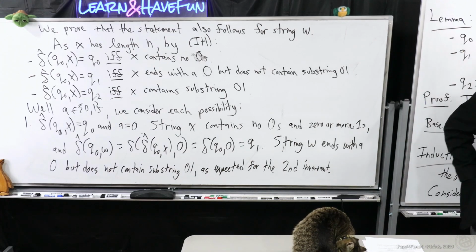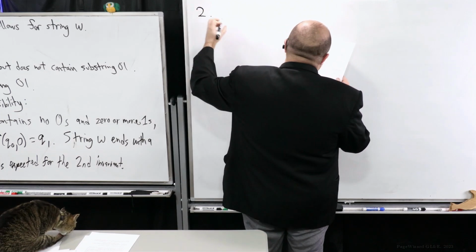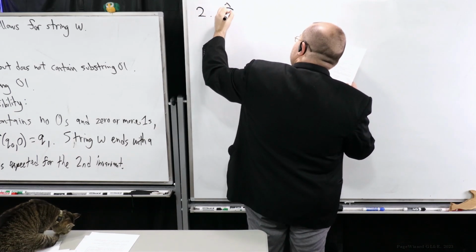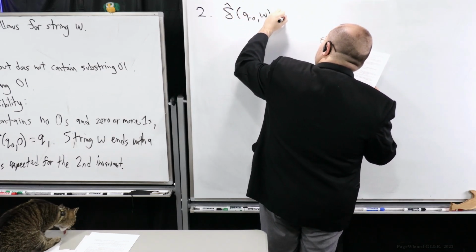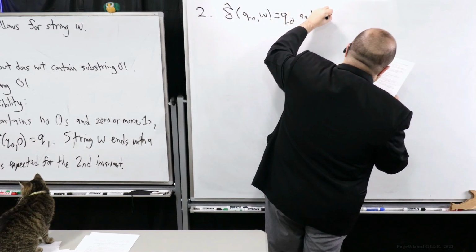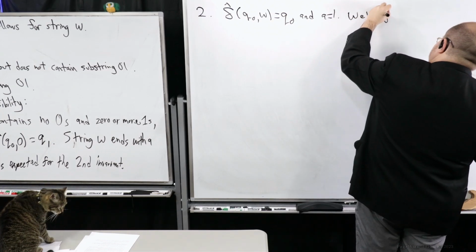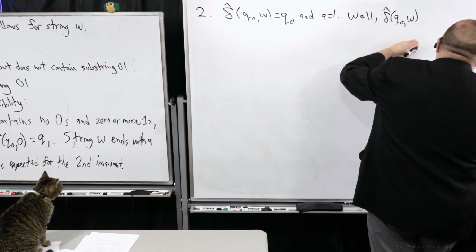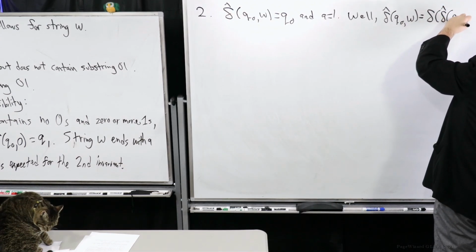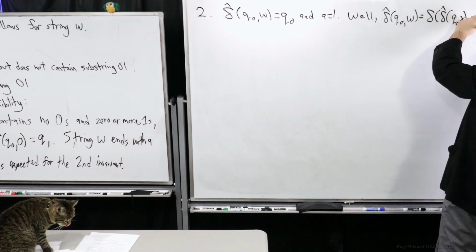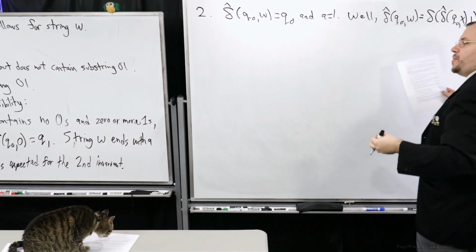So let's consider the next case, everybody. Case 2. Remember now we have to consider when A is 1 this time. And A is equal to 1. Well, let's just see what happens. Delta hat q0 W is going to be equal to delta of delta hat q0 X given a 1, right? But remember, we know that this is Q0. We read a 1.